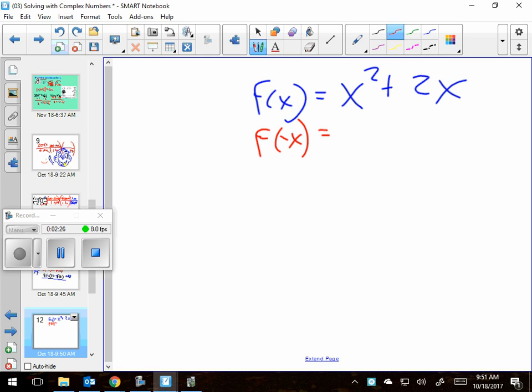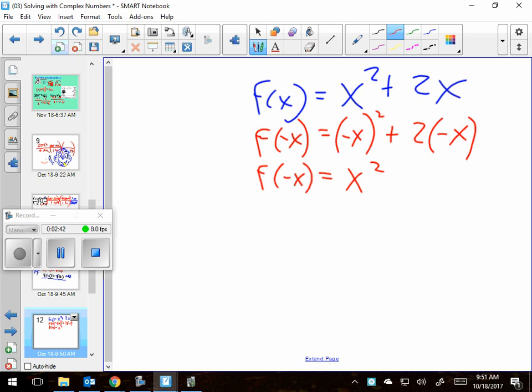So you stick negative x in, and then you actually, this is one of the most important steps, you're just simplifying that down. Negative x squared becomes positive x squared, and positive 2 times negative x makes negative 2x. At this moment, you're supposed to stop and see if this is f of x.